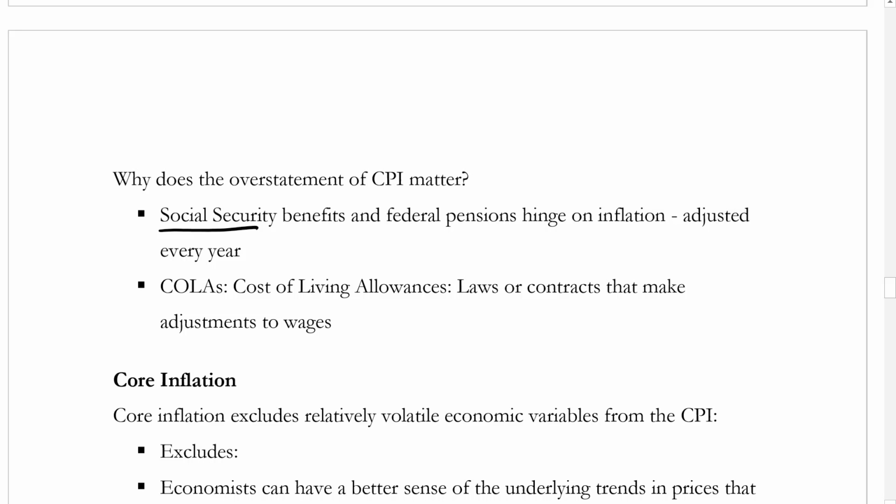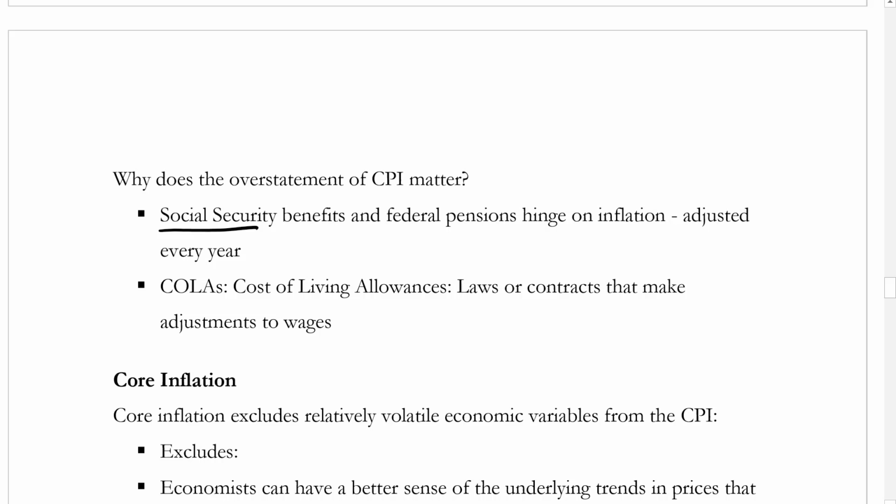A little bit more common in Europe, but again, if the consumer price index is overstating inflation, that means the administrators of these plans are paying out more than necessary in order to compensate the people for their actual increase in the cost of living. Even if the overstatement is small, for very large programs like the Social Security program, even very small changes can make big differences over millions of people and years of time. Okay, so that's the overstatement of CPI.